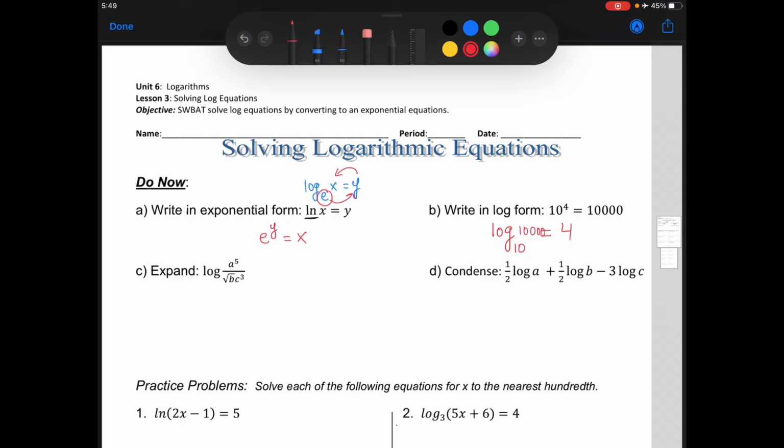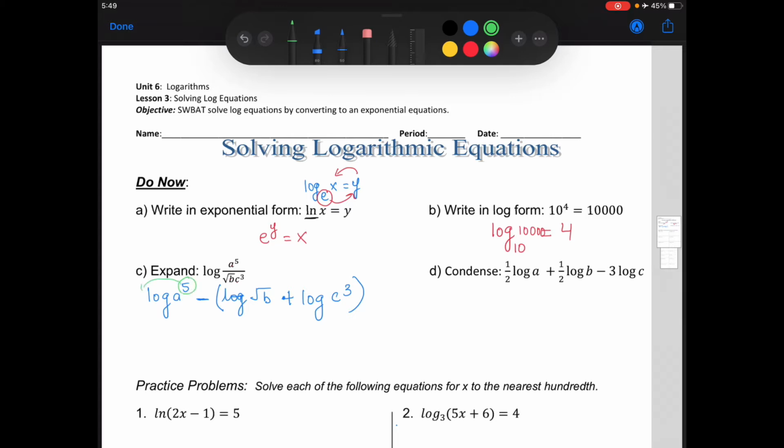Expand. Whenever you're expanding, just see the number of variables. I have 1, 2, 3 variables, and you're going to use the properties that we learned in lesson 2 to expand. So I'm going to write log with each of those variables: a to the 5th. Division changes to subtraction. Log square root of b, and I'm going to put this in parentheses, plus log c cubed.